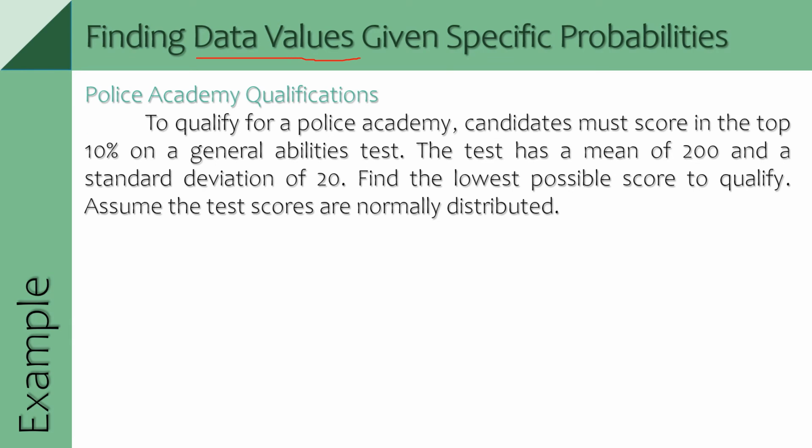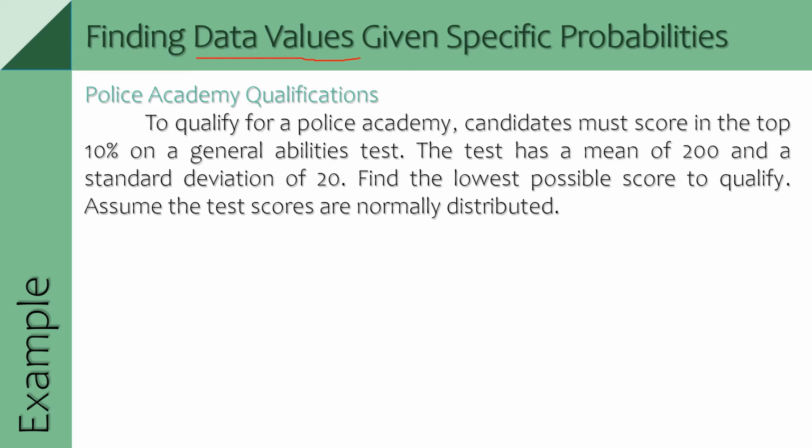To qualify for the police academy, a candidate must score in the top 10% of the general ability test. Okay, the test has a mean of 200 and standard deviation of 20. Find the lowest possible score to qualify. Assume that the test scores are normally distributed.